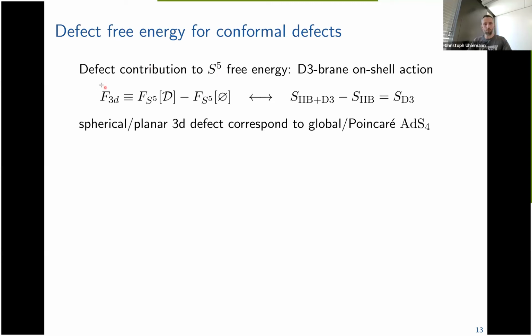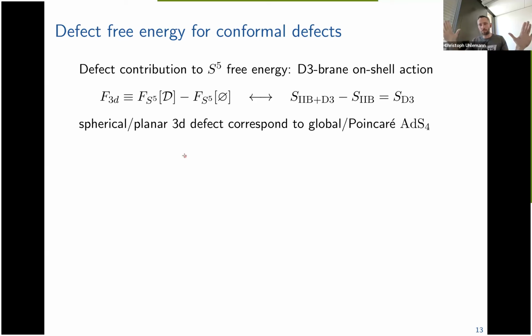That defines for us the defect contribution to the free energy. And in this probe limit, this holographically just becomes the D3 on-shell action. So we have the point where it's sitting, and we can just calculate the free energy right away from that. Since we're dealing with conformal defects, the distinction between spherical and planar defects is just a coordinate transformation in this holographic context.